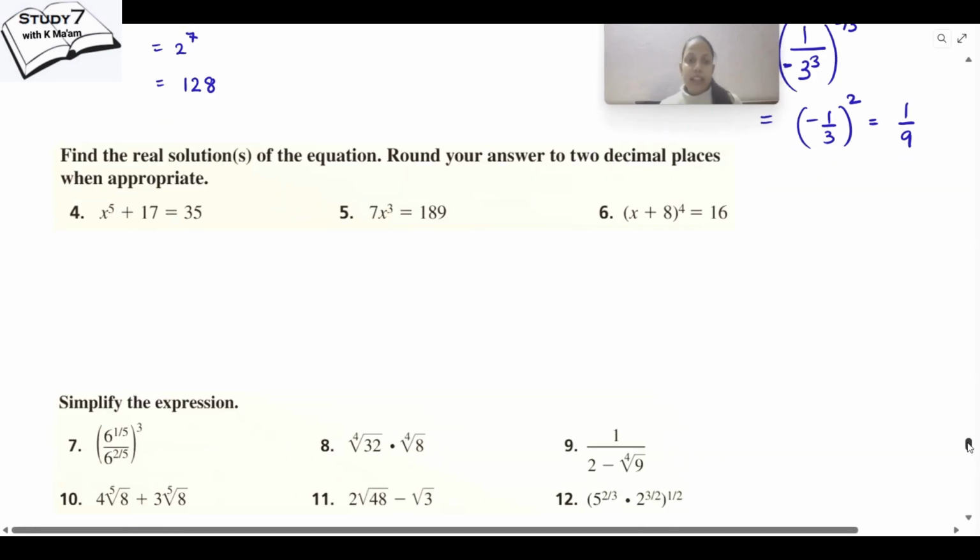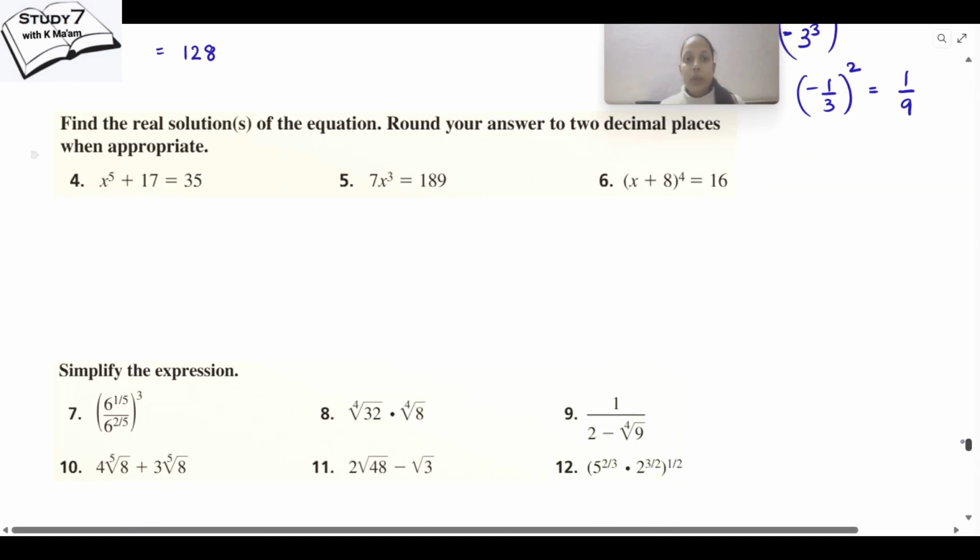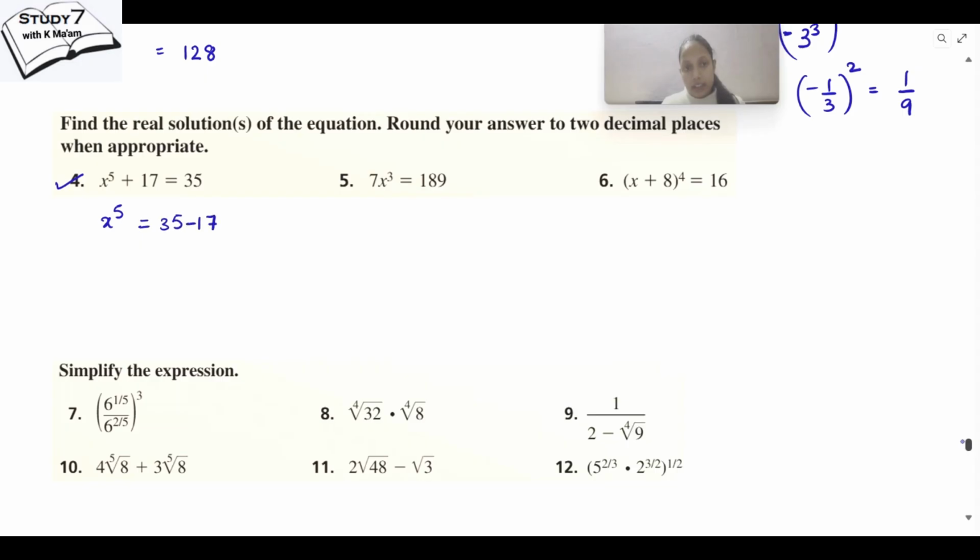Next, it says find the real solution of the equation, rounded to the nearest 2 decimal places. We will try to solve question 4. X power 5, subtract 17 on both sides. 35 minus 17, it's 18. X power 5 is 18.